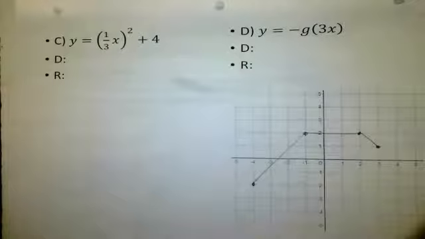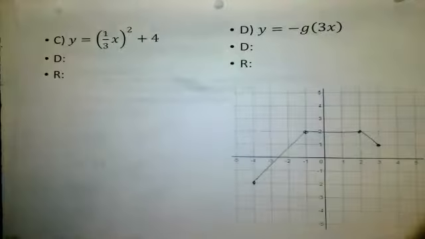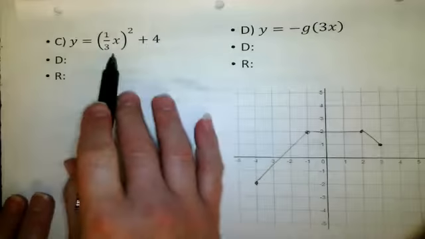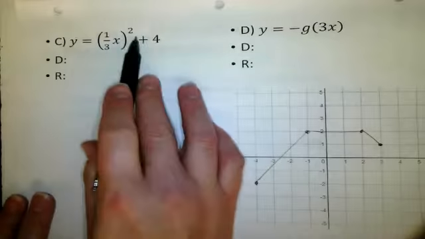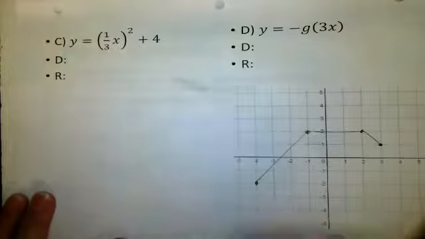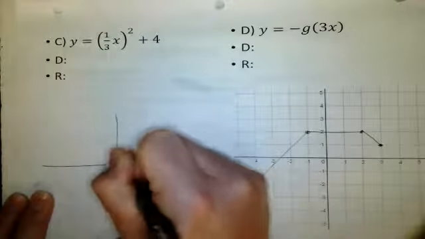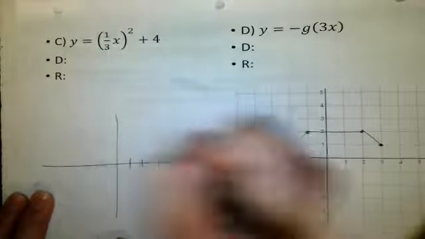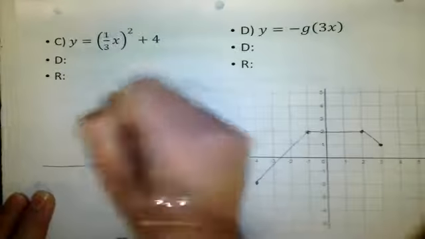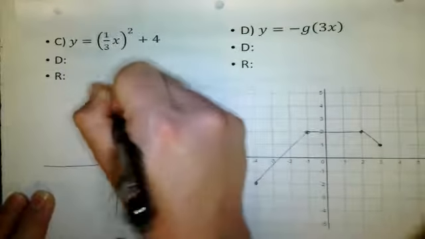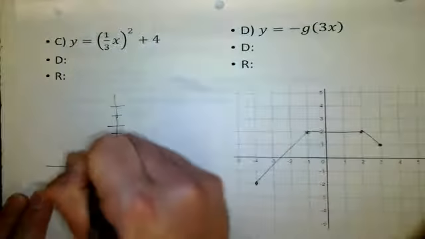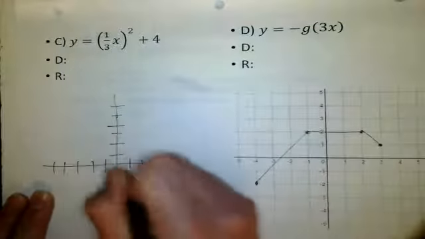All right. We have y equals 1/3 x, quantity squared, plus 4.